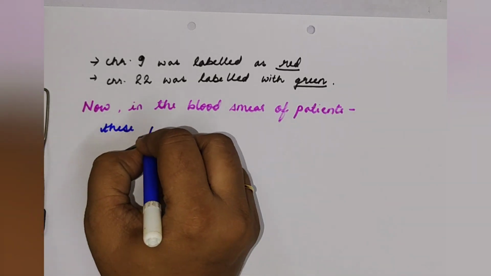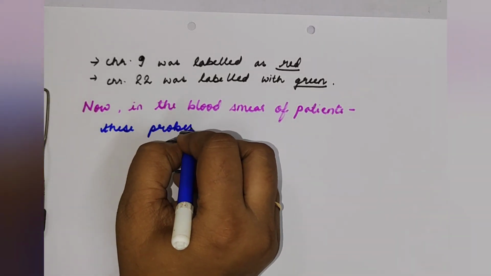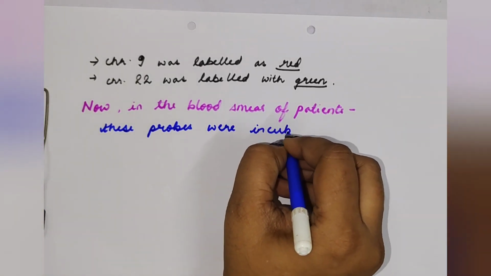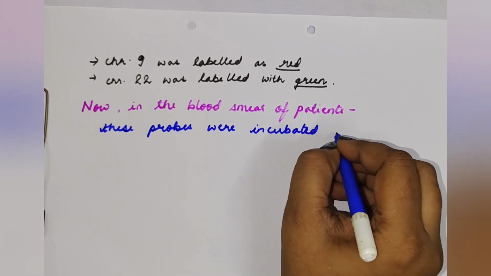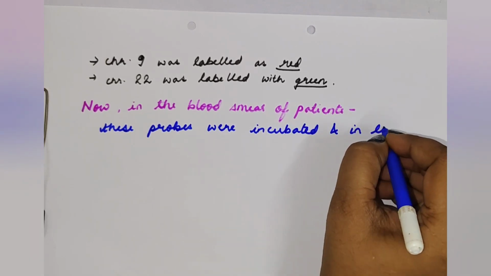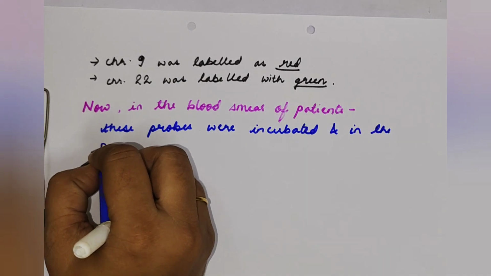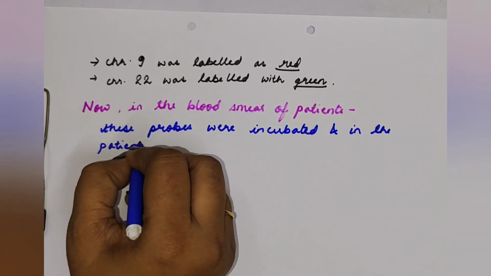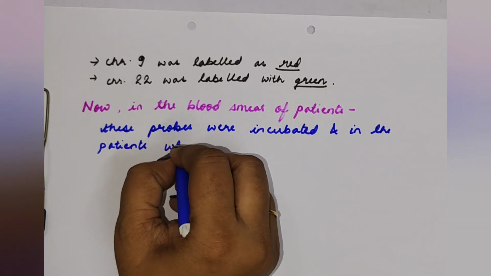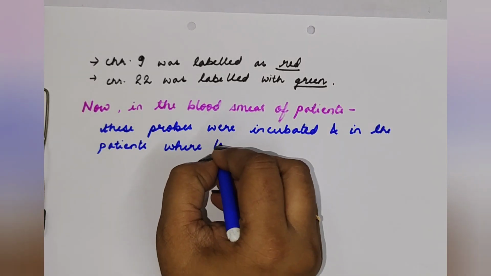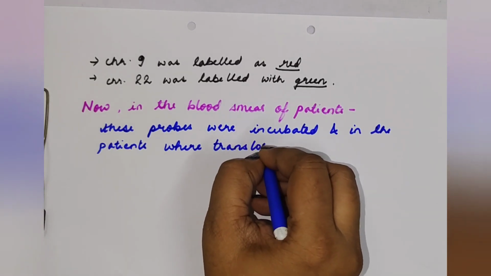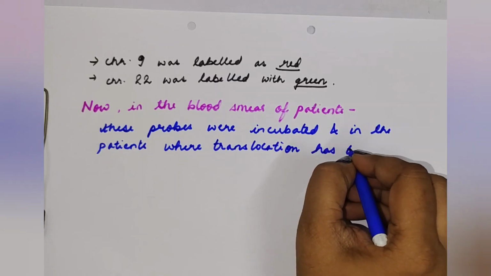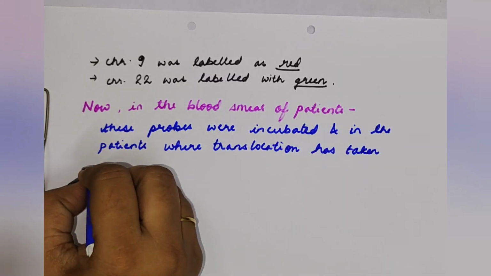In the patients where the translocation has occurred, both the red as well as the green fluorescent probes bind at the same region, and due to this there occurs a yellow signal under the fluorescent microscope, whereas in the persons where no translocation has taken place, the red colored probe will bind to chromosome number 9 and the green colored probe will bind to the region of chromosome number 22, and we will see clearly red and green signals.